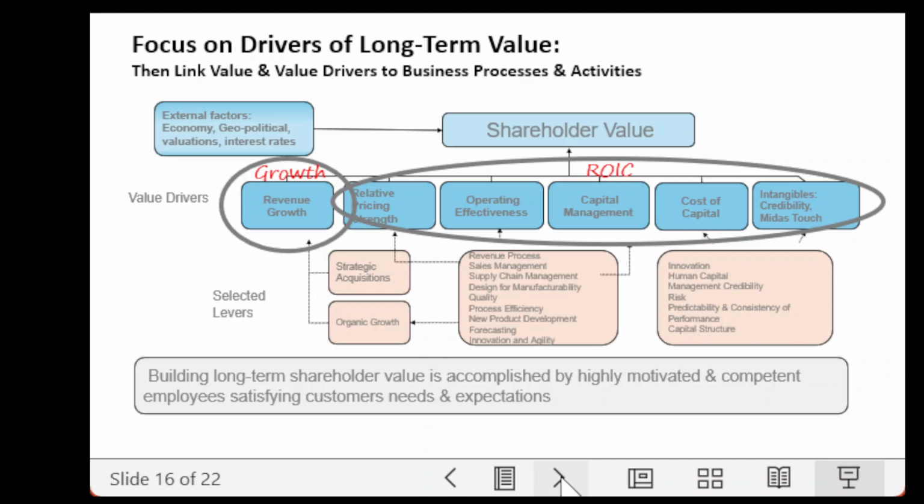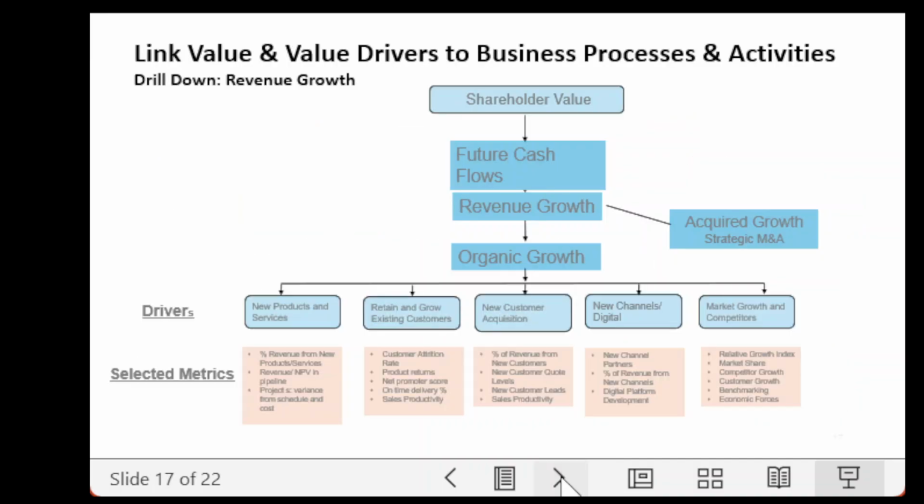What it doesn't include is any accountability for growth. And this is an important tension because generally these two objectives work against one another. That is, if we invest more in growth, it is going to have at least a short-term negative impact on our profitability and our asset turnover and therefore return on invested capital. So we have to look at growth as well.